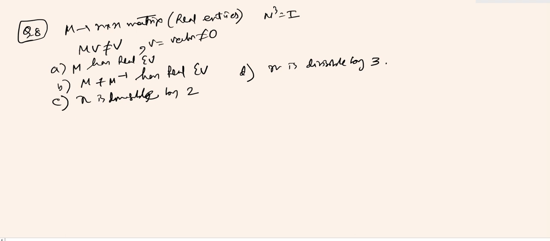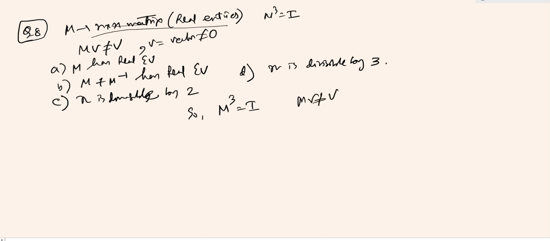So here in this case, how can we proceed? n cross n matrix with real entries. Given that M cube equals I and M is an n cross n matrix, Mv not equal to v for any v. So M cube equals I and Mv not equal to v.